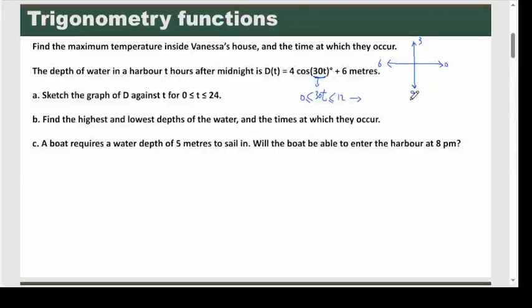After 9 hours, 9 times 30 gives me 270, and after 12 hours I will have 360. So when I start from midnight, after 12 hours at noon, I will complete one period of cosine. And again, I will go for 3 p.m., 6 p.m., 9 p.m., and after 24 hours, I will complete two periods.